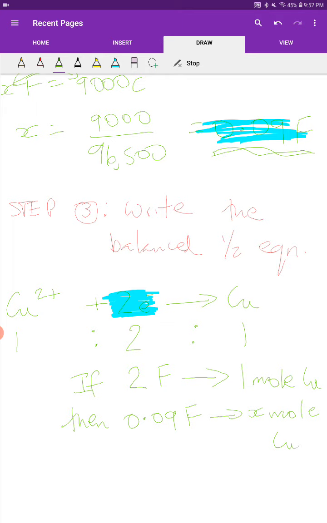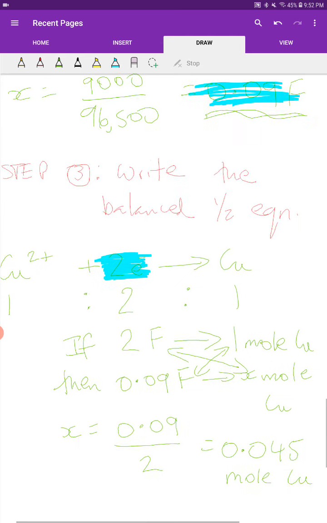And then again, we're finding X. All we have to do is cross multiply. Okay? So X is going to be equal to 0.09 divided by 2. Yes? And that is going to be 0.045 moles of copper.